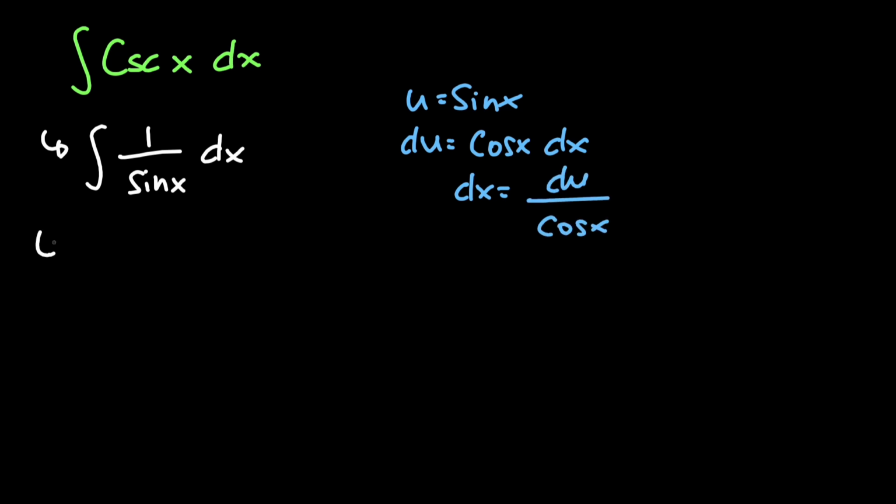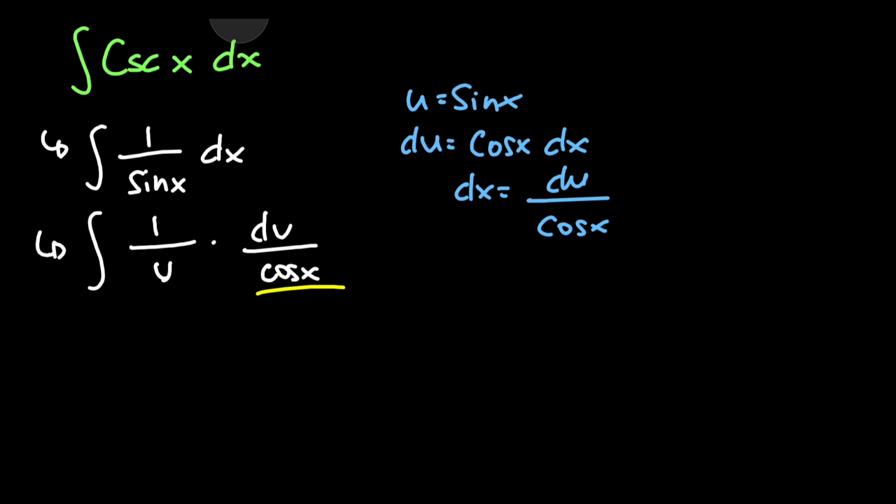When we substitute this, we would have 1 over u multiplied by dx, which would be du over cosine of x. You can see that there is a cosine of x here which cannot be cancelled by any other means, so this cannot be the solution.